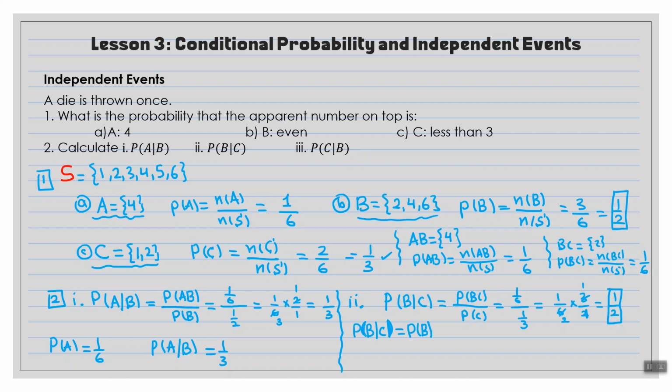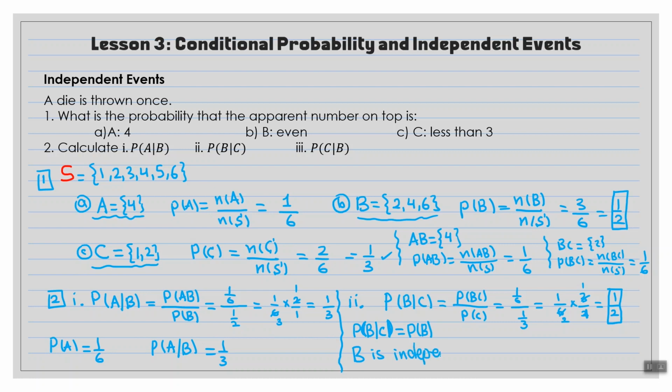It's either 1 or 2. So what is the probability that your hand is on an even number? It's still half. It's still 1 over 2. So the probability has not changed. In this case, we say that B and C are independent events, or we say that B is independent of C.